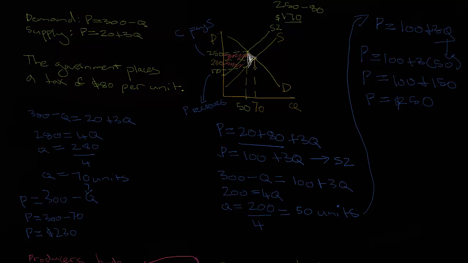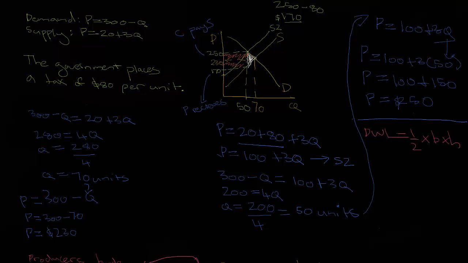We know the formula to calculate the area of a triangle is half times base times height, just to refresh you. We can apply that formula, and the area of that triangle will equal the value of the deadweight loss. I'll just use DWL for deadweight loss, and that's equal to half times base times height.